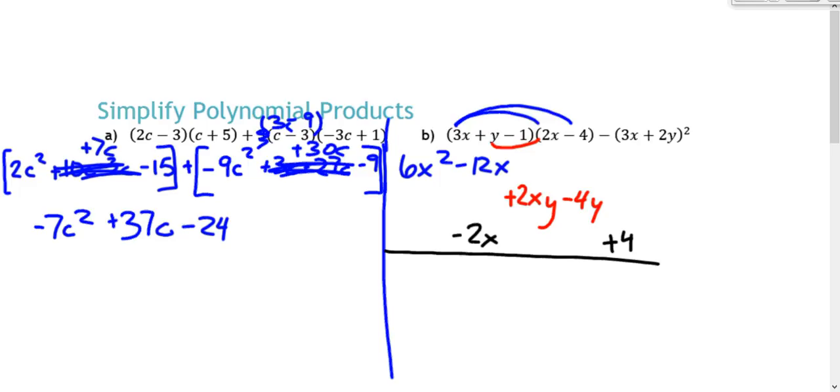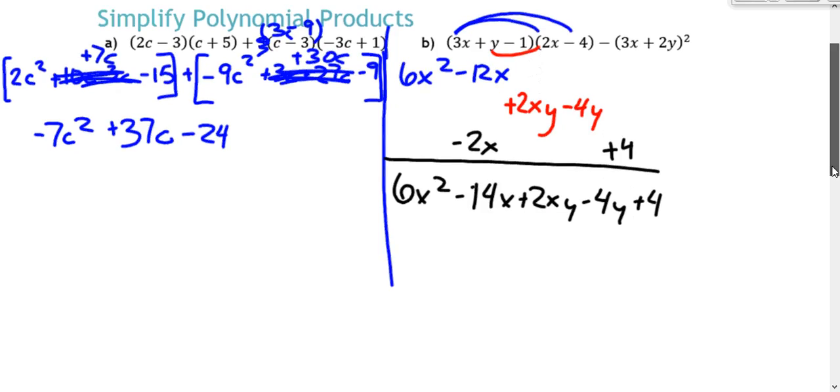We combine these together, we get 6x squared minus 14x plus 2xy minus 4y plus 4.